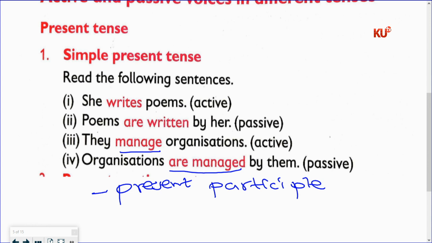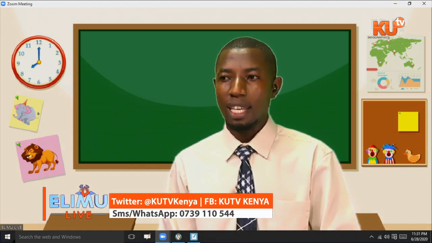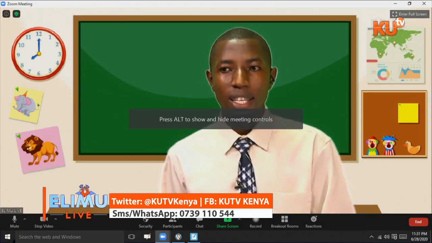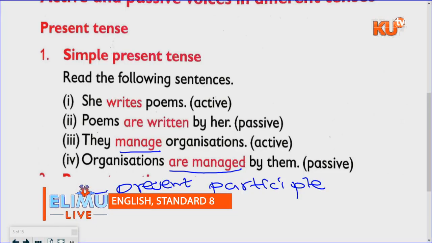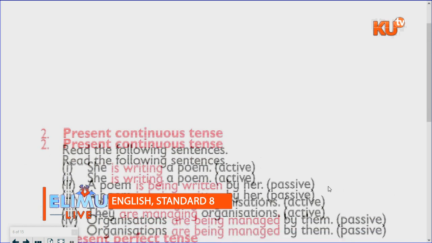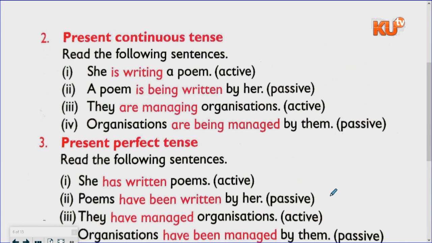So another one is present continuous tense, the same way as simple. I take you to present continuous tense. Read the following sentences. She is writing a poem. Writing indicates present continuous tense, and it is in active voice. She is writing, because we have started with the subject, the verb, then the object, and our focus is on the subject, which is she.